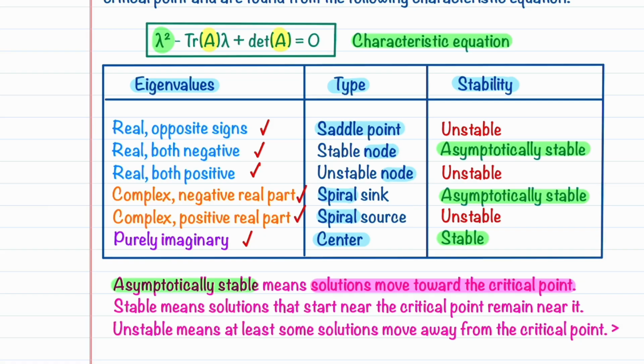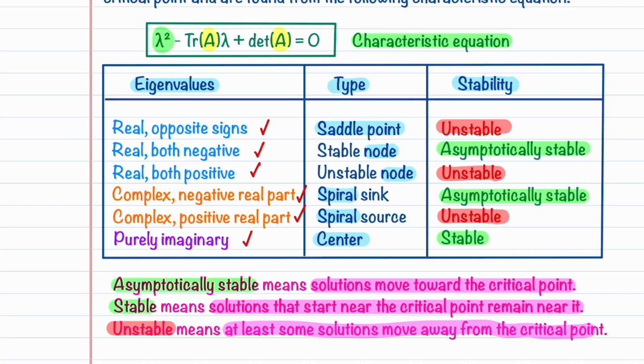A center is stable, and that means that solutions that start near the critical point remain near it. Lastly, we have unstable. There are 3 types that are unstable: a saddle point, an unstable node, and a spiral source. And unstable means that at least some solutions move away from the critical point.